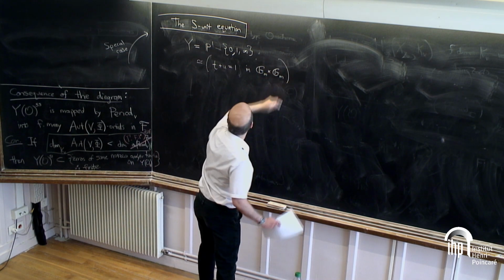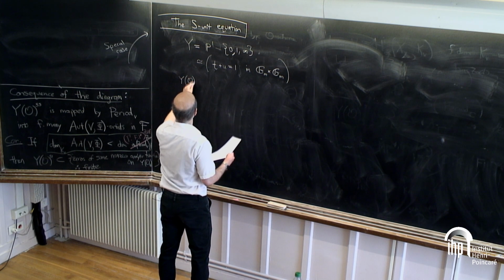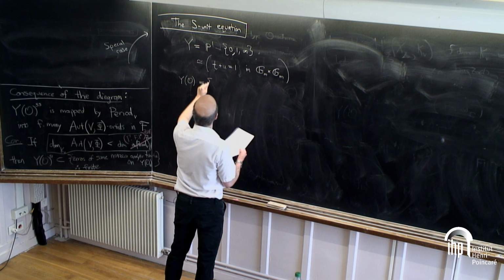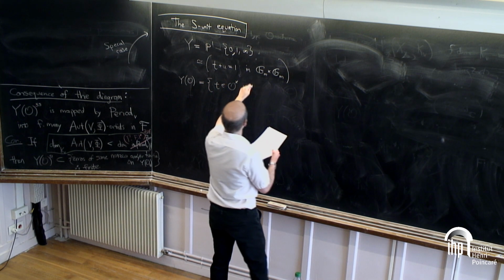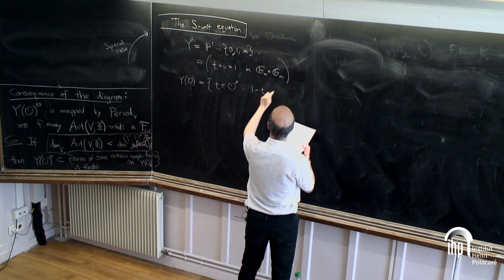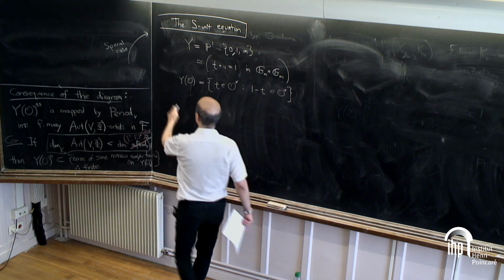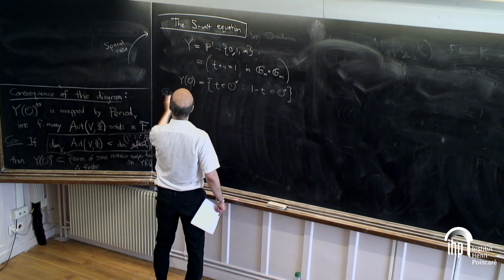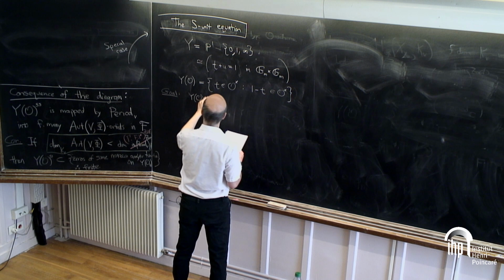So if you want to know what the S-integral points are, these are just the S-units such that 1 minus it is also an S-unit. As usual, the goal is to prove that this set is finite.